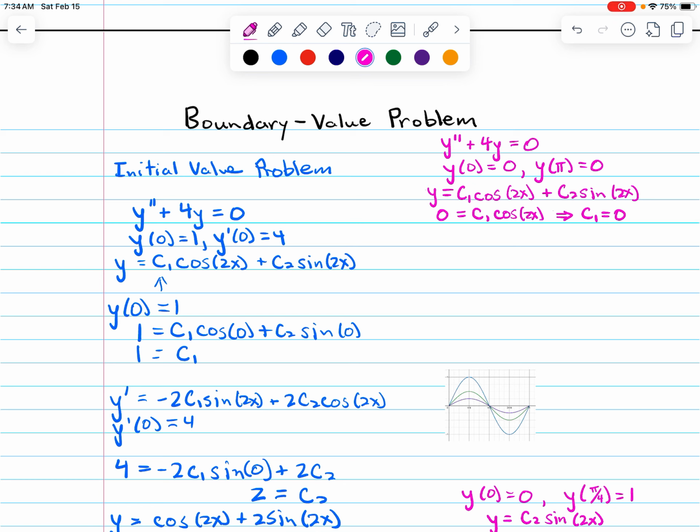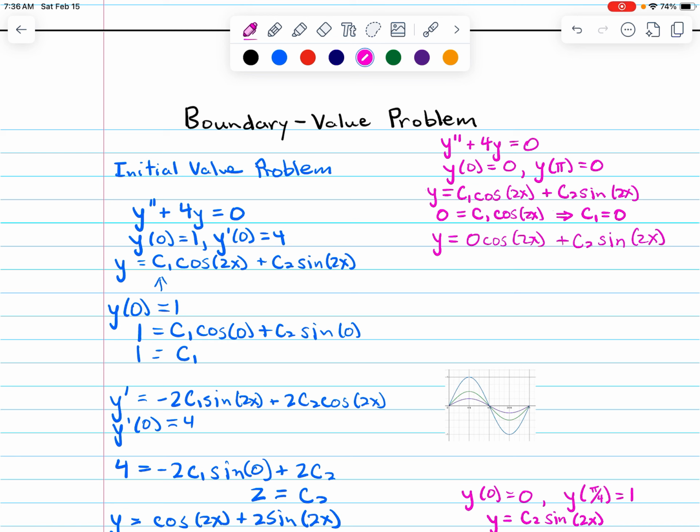Now I need to figure out, plug in the pi, okay? So here I go. I'm going to plug in the pi into my solution. Now, here's what I've got so far. I've got 0 cosine 2x plus C2 sine 2x.